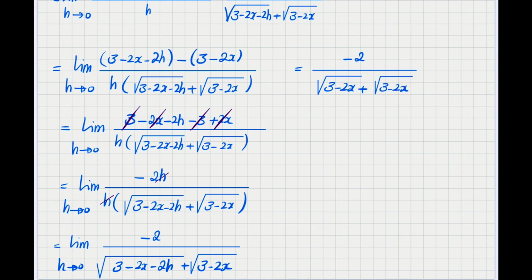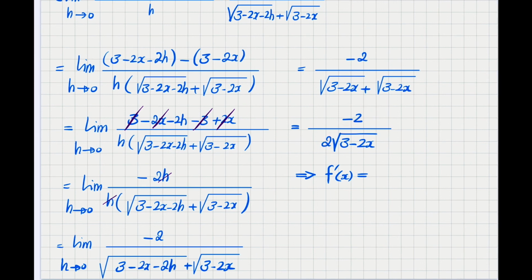But they are the same expressions in the denominator, so I can add them and write 2 times the square root of 3 minus 2x. I have a negative 2 in the numerator. But finally, this negative 2 and that 2 in the denominator will vanish, so I can simplify. It becomes minus 1 over the square root of 3 minus 2x.